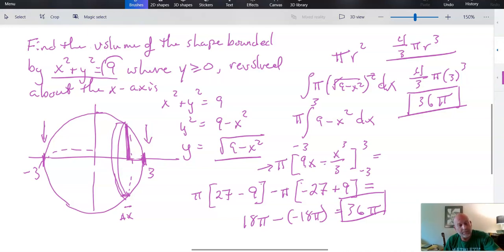Okay. So, you know what, actually, before I do the next one, I just kind of want to walk through the overview of this again. So we were handed the problem. We figured out what the shape was that was defined by these equations that we were given, and we sketch it. And once we have that sketch, then we try to envision what it looks like when it revolves around the axis, and we try to sketch that in.